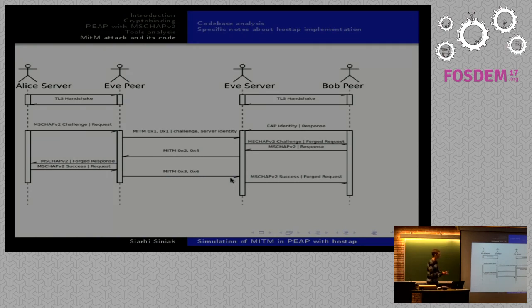Actually, I think they usually make it the other way with the names of Alice and Bob. Usually Bob is the legitimate server and Alice is the client. It differs here. So PEAP is a wrap over the EAP protocol.